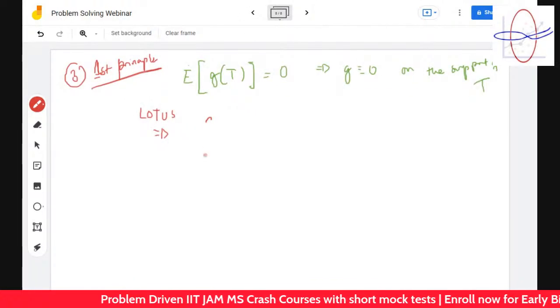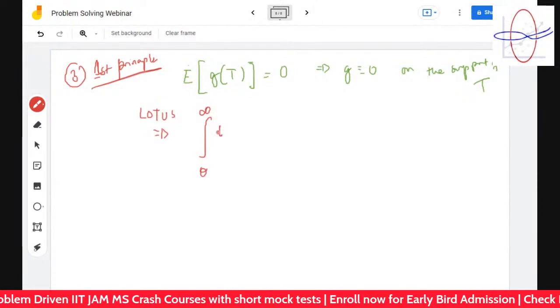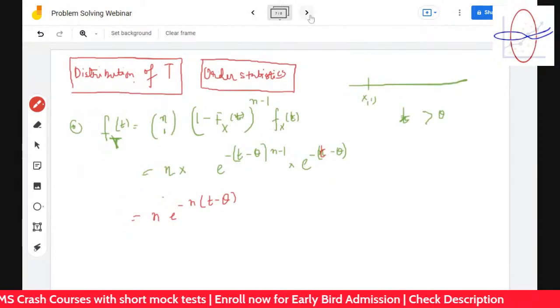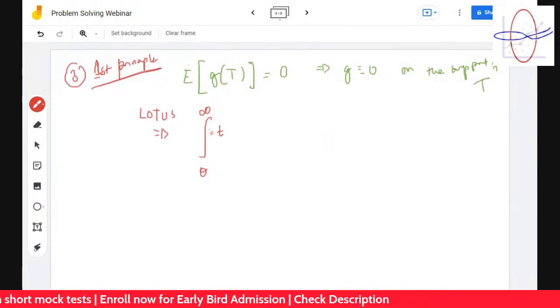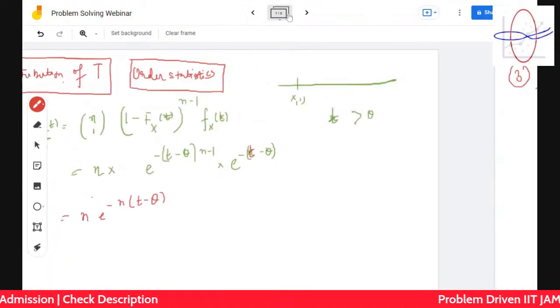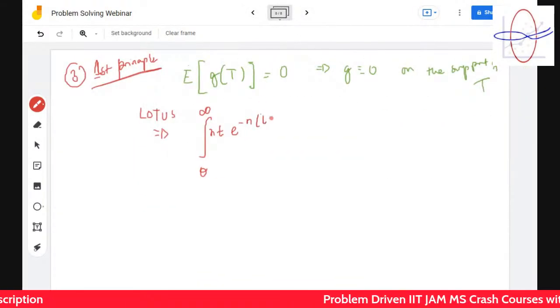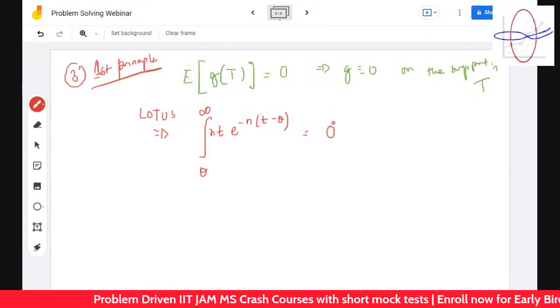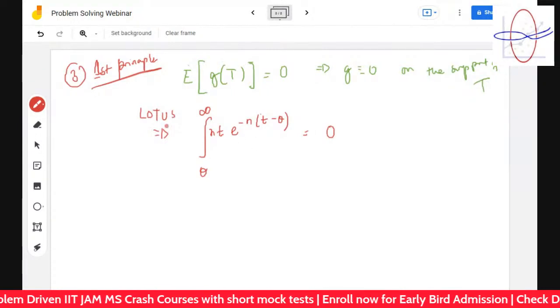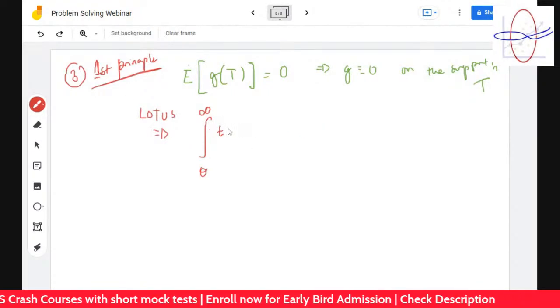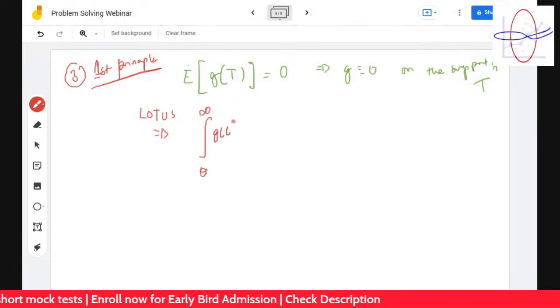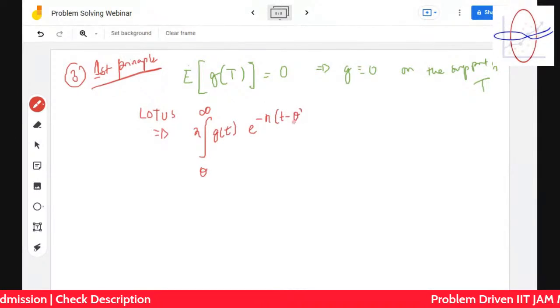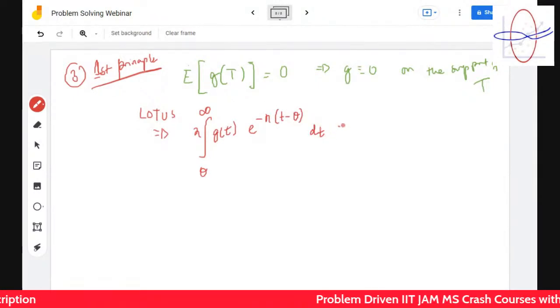Therefore, it will be the integration from theta to infinity of g(t) times n e to the power minus n(t minus theta) dt is equal to 0. Sorry, there's a problem. It will be g(t) over here.